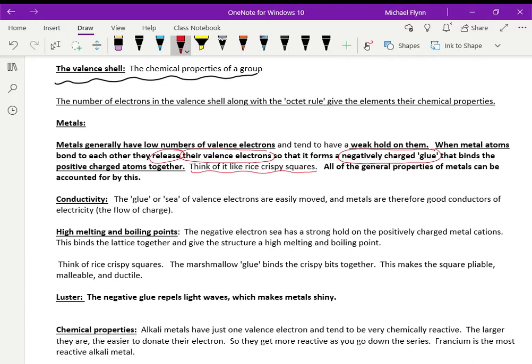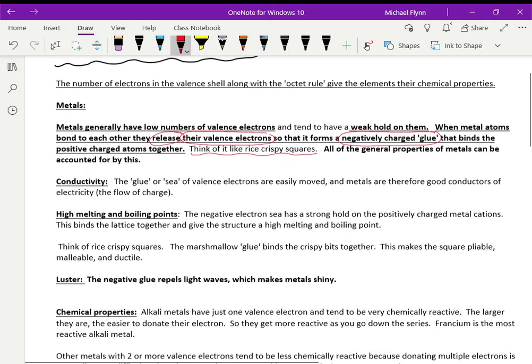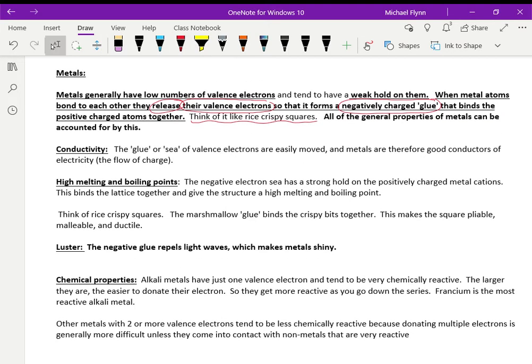Those marshmallows are like the electrons, and the Rice Krispies are like the metal atoms. Okay, it's a kind of neat analogy. So, how does this explain the properties of metals? Well, why are metals good conductors? If you're a good conductor, it means that electrons can move more easily through you.